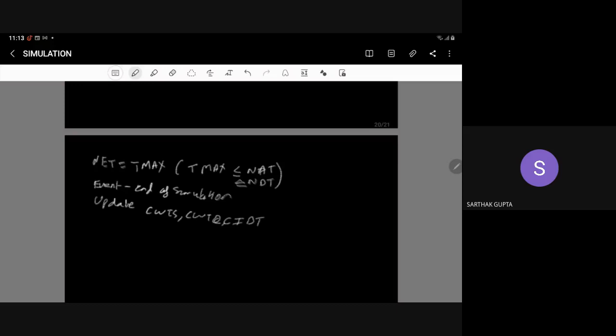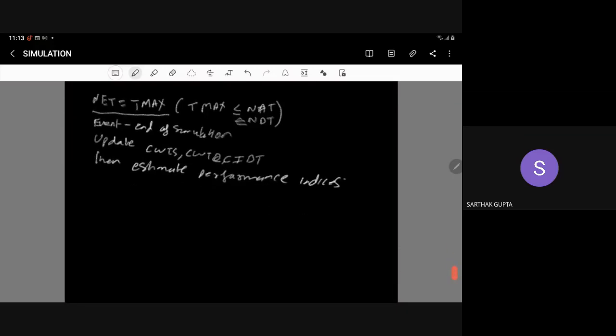Then estimate the performance indices. So this is the first case.